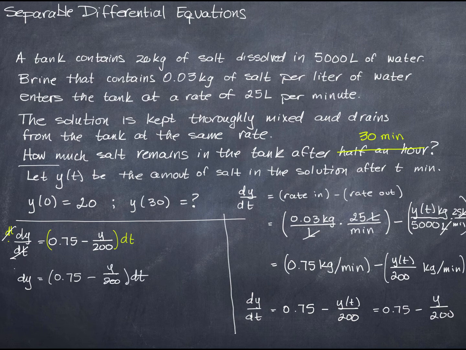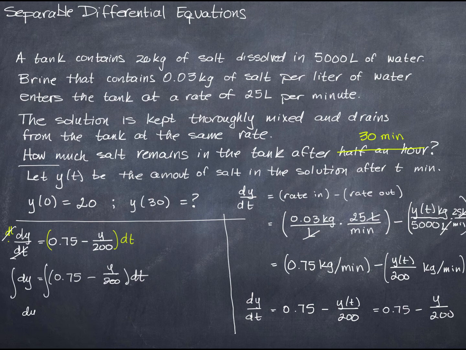It seems like that would be easy to integrate, and it would, but this would not, because here I have to integrate with respect to t, but my variable is a y. If you've had calculus 3, you could do this, but that's not the point. The point is that there's an easier way and a more efficient way now that we understand about separable differential equations. So let's do it this way instead.